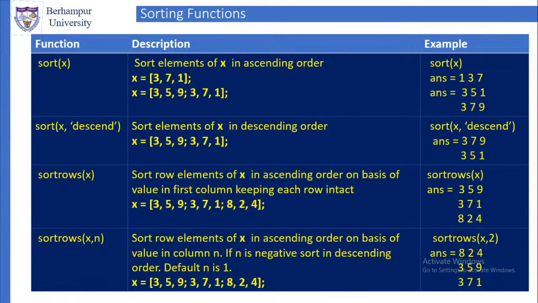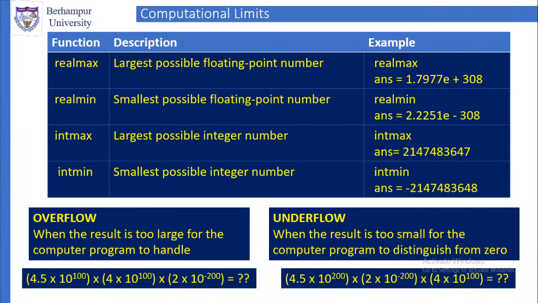Finally, the last slide is some information about limits when you are using MATLAB. realmax gives you the largest possible floating point number. It depends on two things: the version of MATLAB that you are using and the machine that you are using.